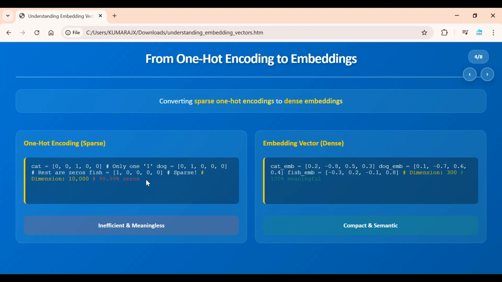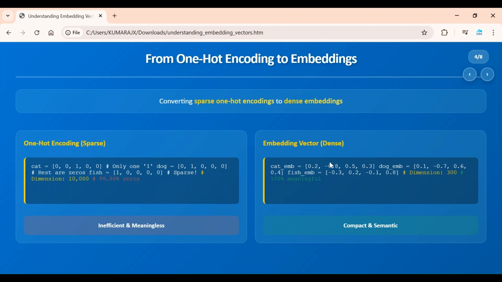Now look at the embedding on the right side. What we have got is that from 10,000 we have converted into a 300 dimensional vector where every single number has meaning. So these numbers collectively encode what a cat represents, its characteristics, its relationship to other concepts, and so on and so forth.